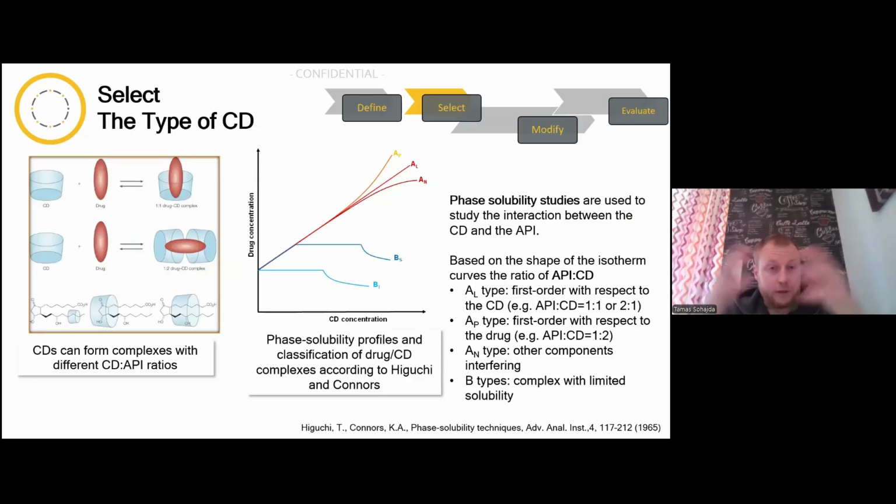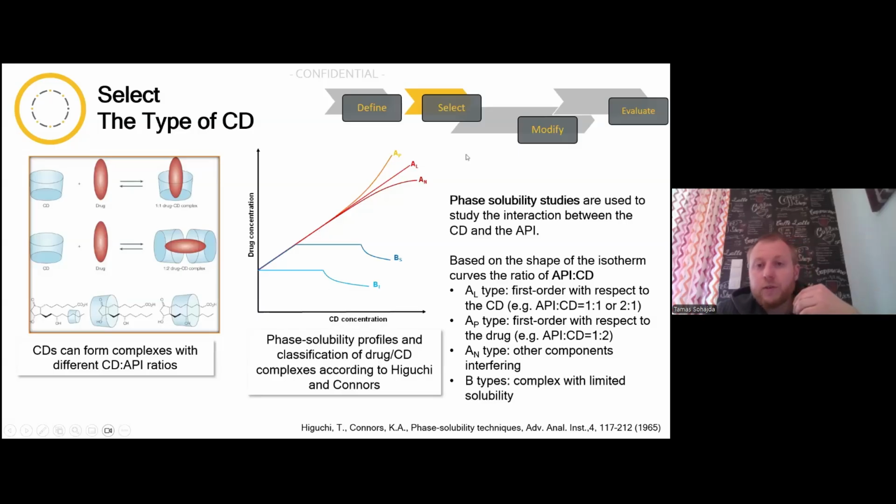What kind of phenomena are we talking about when we are trying to evaluate the best cyclodextrin? So technically, what we do is increase the cyclodextrin concentration, of course, not in the same solution, but in different solutions, and explore its effect on the solubilized drug concentration.